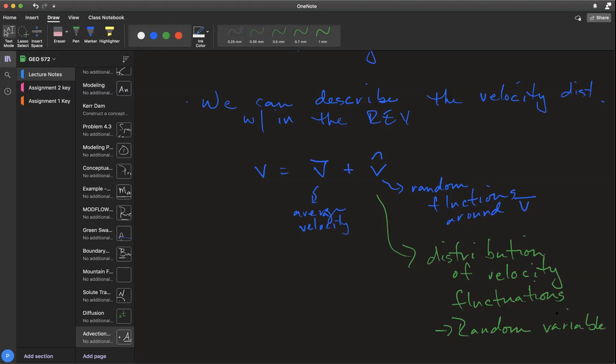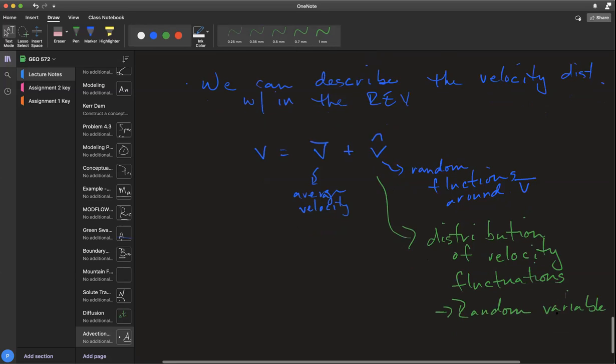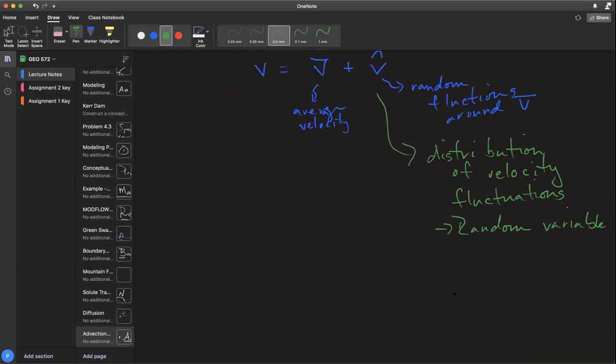So what does that mean? It means that if we were to add, say, a point source, so let's go back and let's draw some grains here.